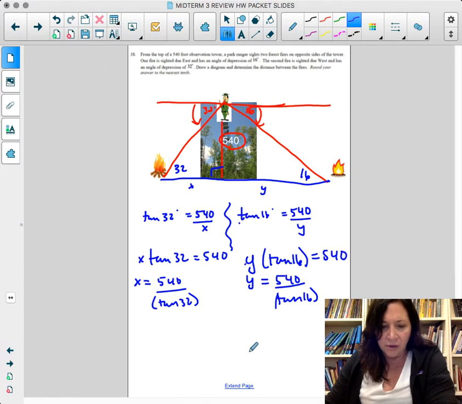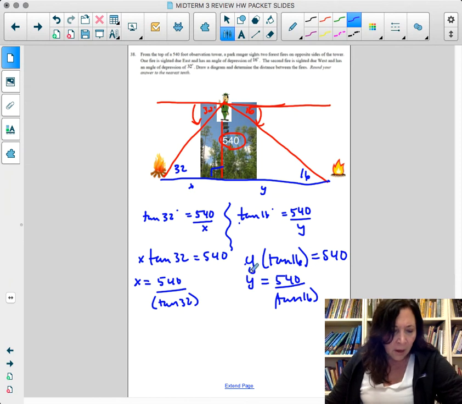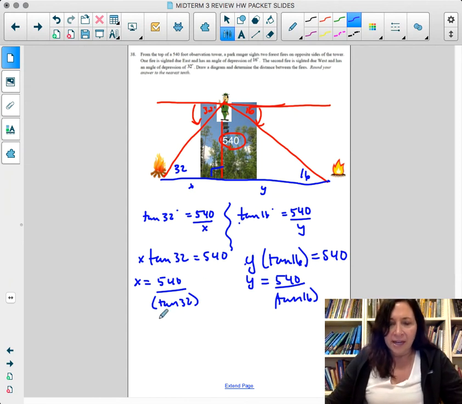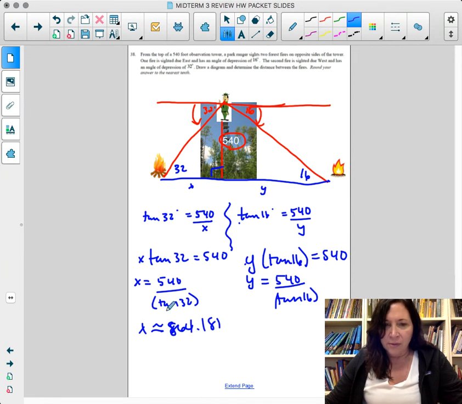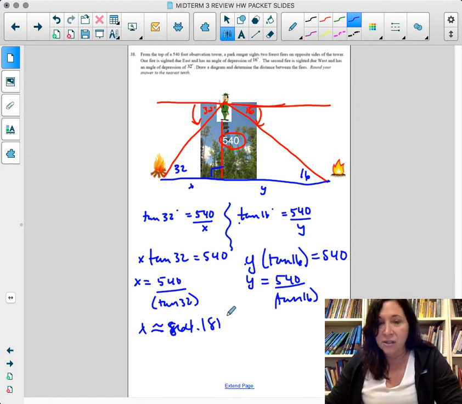What you're going to do here is 540 divided by tangent, using a calculator, which I don't have, but I do have the answer. Let me write that down. 864.181. So that's this value when you divide. And then this value on the other side, tangent of 16, y is going to equal 1883.204.